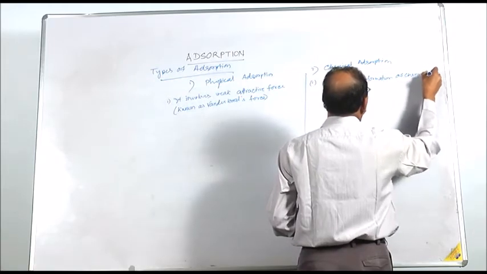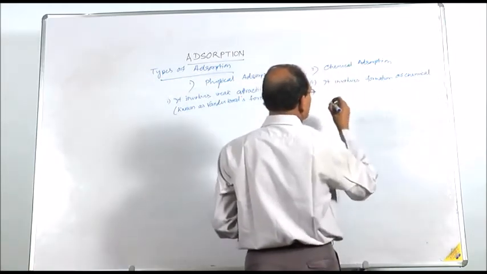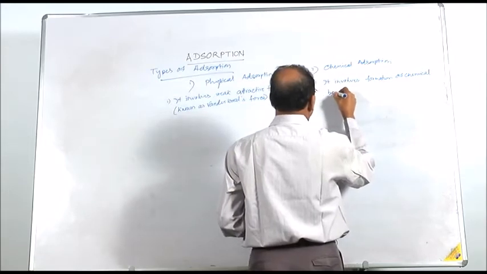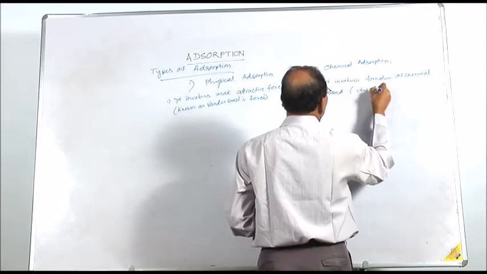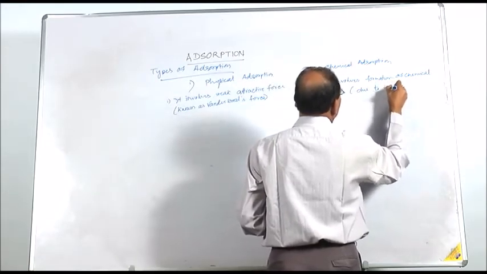Formation of a chemical bond means transfer of electrons.